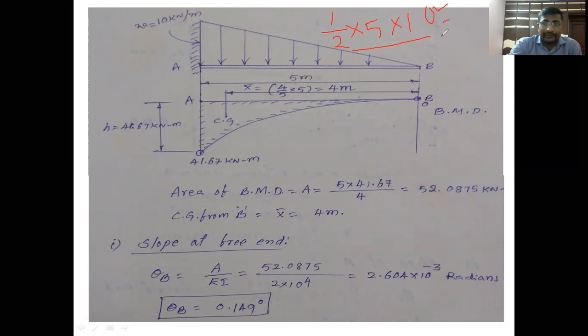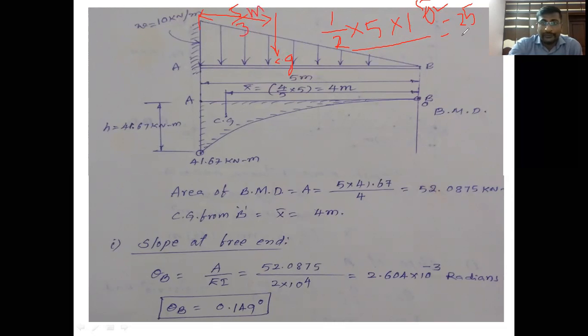Therefore, it is 25, isn't it? Twice 5 is 10, 5 fives are 25. 25 kilonewtons, which is concentrated at the center of gravity of the triangle. The center of gravity is located from the base or fixed end at h by 3, or length of the beam by 3, that is, 5 by 3 meters distance.